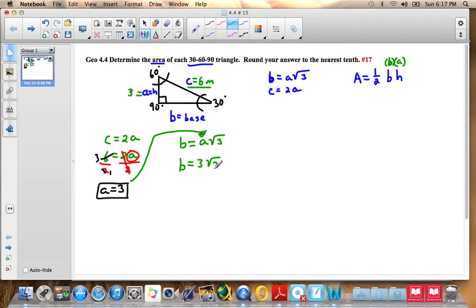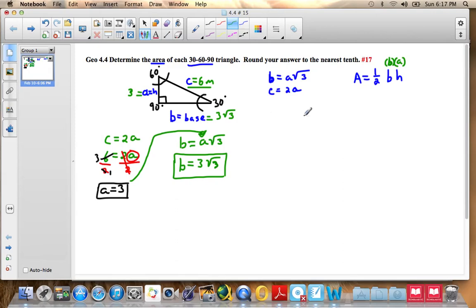Well, if I really look at this closely, I'm going to notice that there is nothing left to simplify here. It's as simplified as it's going to get. So then that was pretty simple. I am completely finished with B. So then B, my base, equals 3 times the square root of 3.